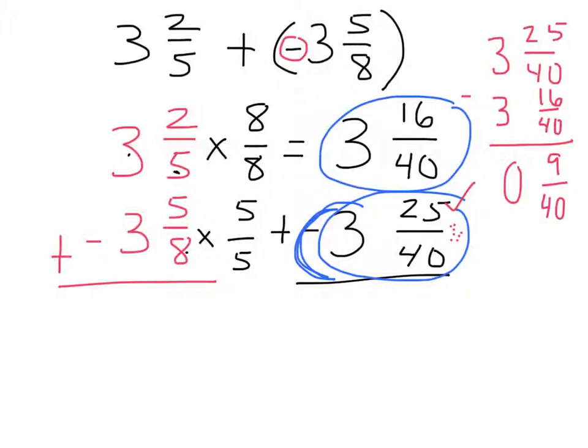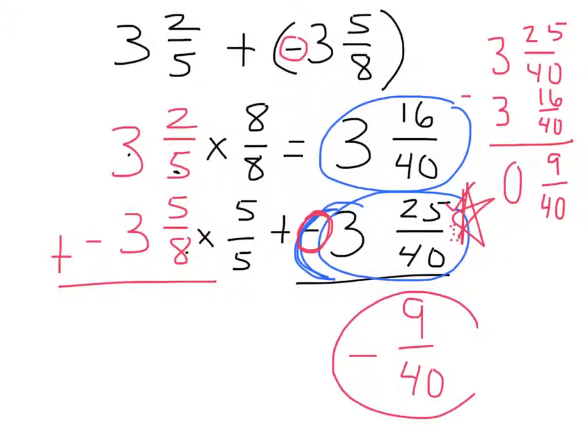So my answer to this is going to be 9/40. But once again, this is the big dog. I use the sign of the big dog. So right there, that big dog had a negative on it. So my answer to this problem is negative 9/40.